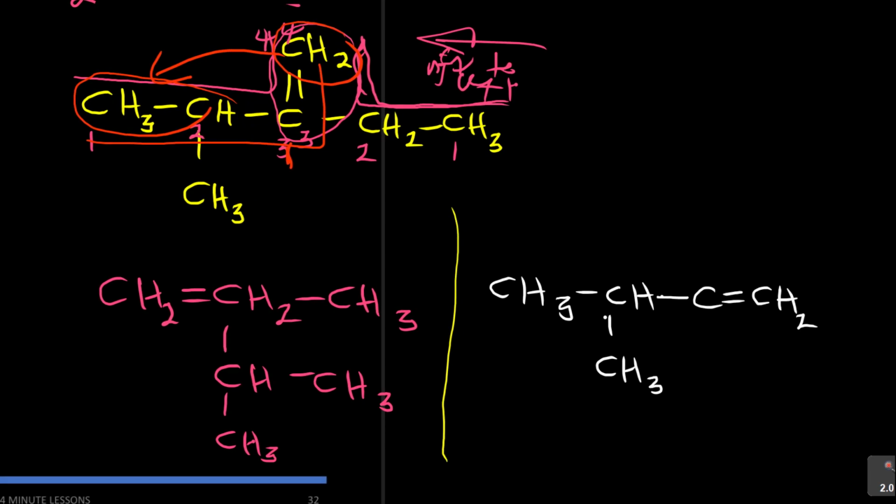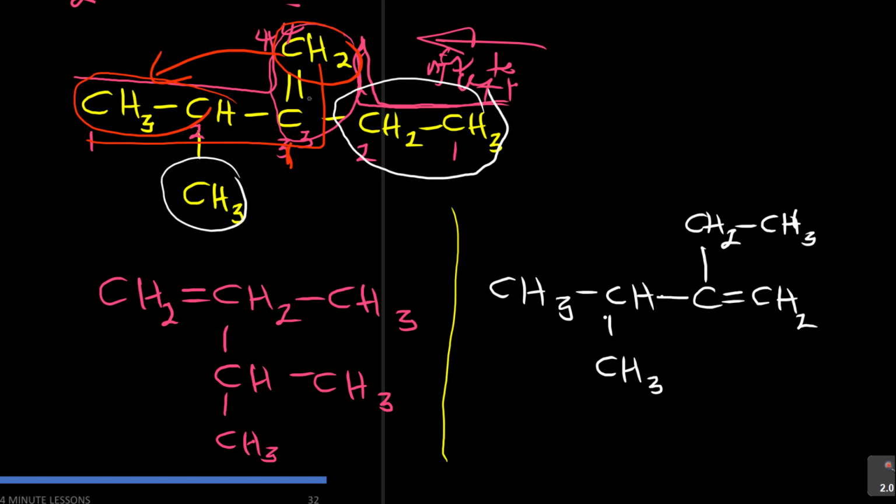The CH2 has gone down, and then this one here will become CH2 CH3. I hope you can picture how I've done this. This becomes now a branch, and this becomes a branch. Look, now I just took this guy into the straight line here. That's what I just did.